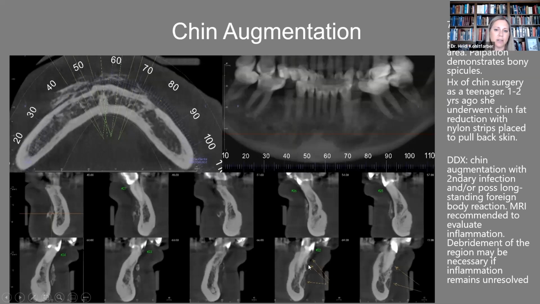Now, the patients, again, they don't like to be very forthcoming in telling us these interesting facts. They did go back and talk to her again, and she said, oh, yeah, about a year or two ago, I had another little procedure. And in that one, she had some chin fat reduction, and these nylon strips were placed. And so she probably had no issue with the original augmentation material.